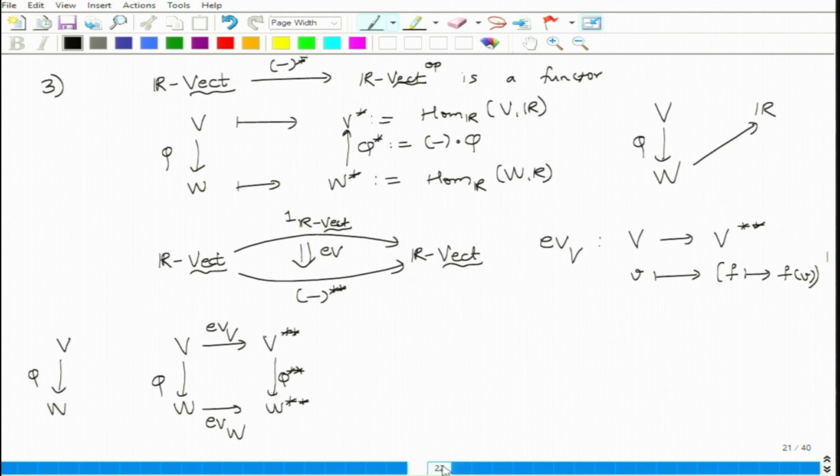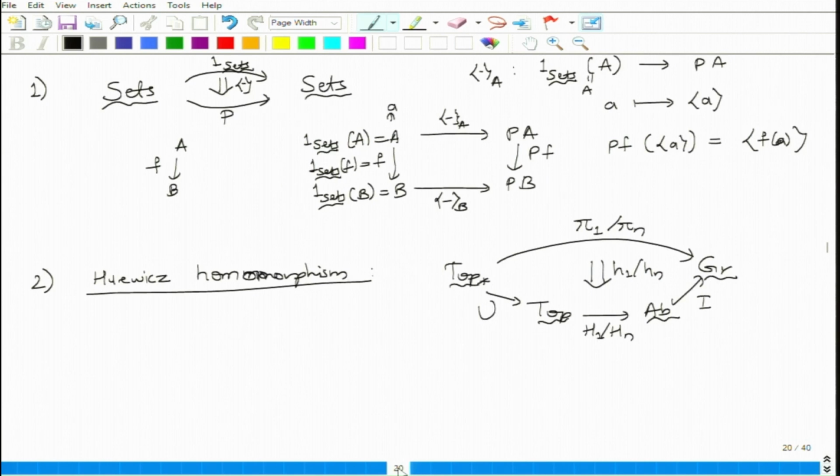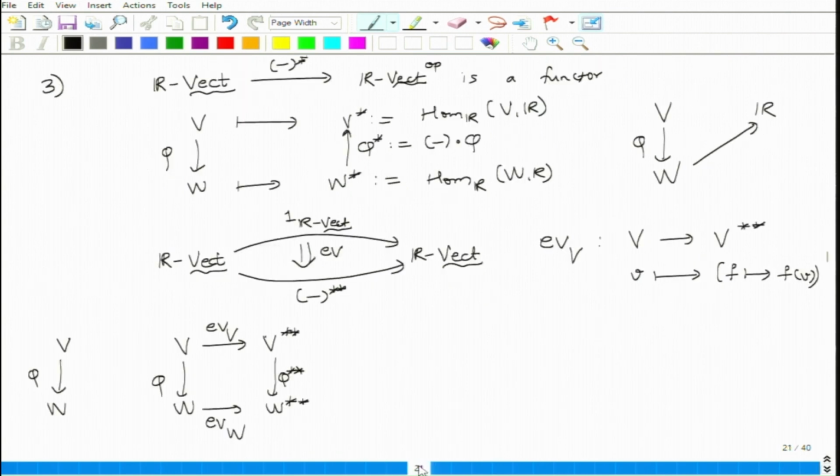Okay. So now these examples, if you see, aren't they natural? So far what we saw, you already know about the Singleton map from A to PA. Then if you know enough algebraic topology, then the Hurewicz homomorphism is something natural. Then this is natural. In fact, I will write this comment.